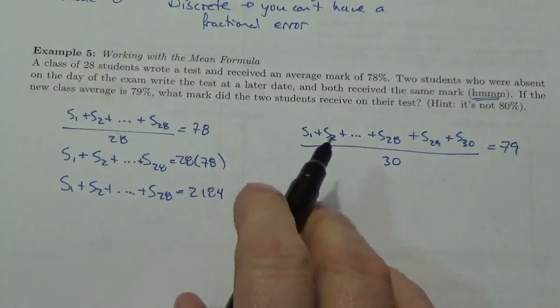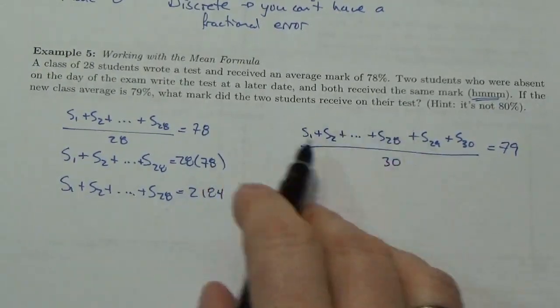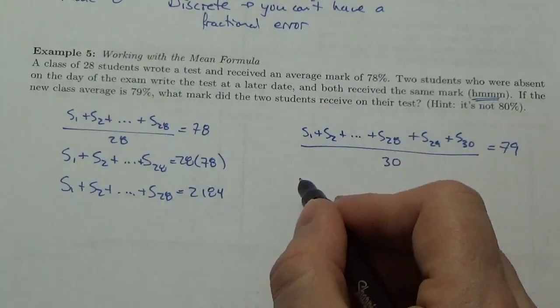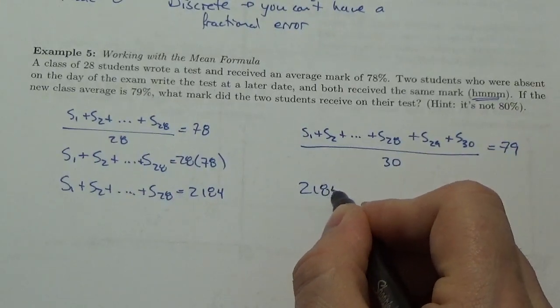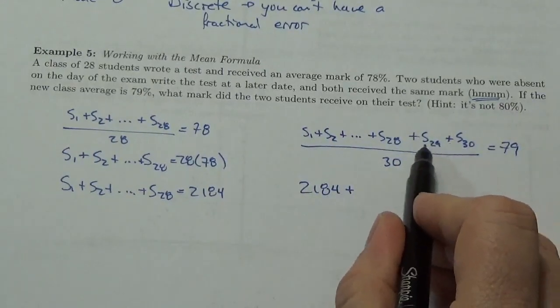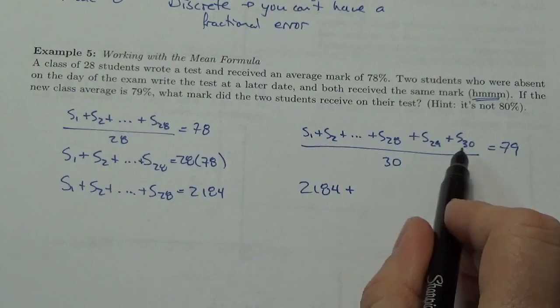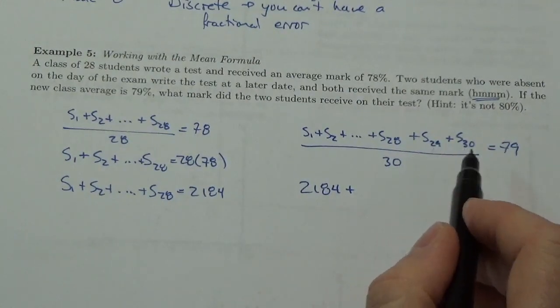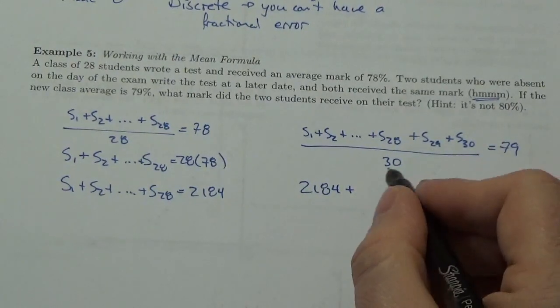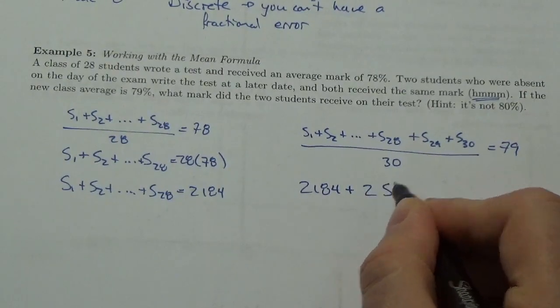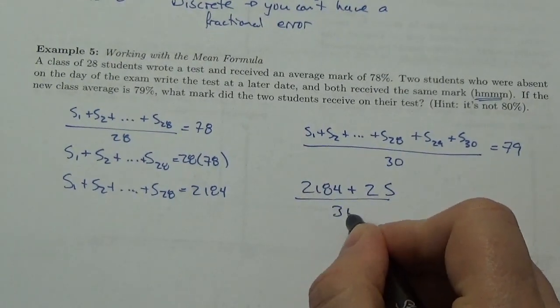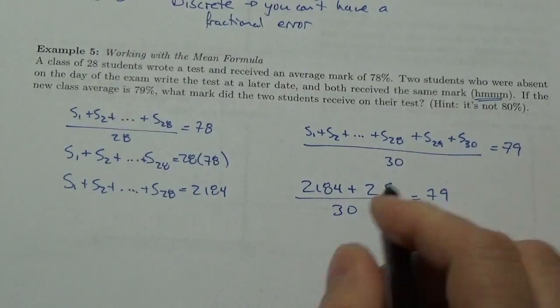Now I'm going to replace all of that with 2184. So this is going to be 2184 plus these two right here. At this point I'm not even going to differentiate student 29 and student 30. I'm just going to say plus 2 students, over 30, is going to equal 79.